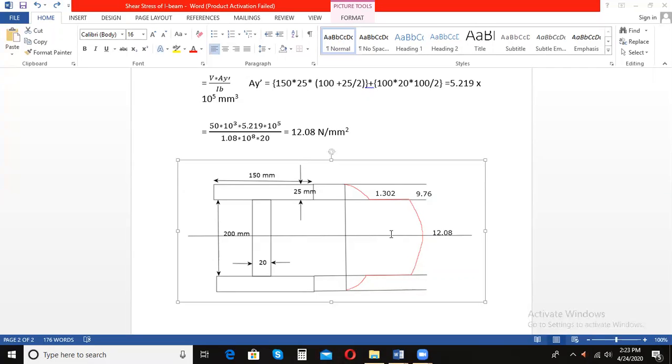If you calculate the shear stress somewhere here, the value is going to decrease, and for the flange the shear stress will further decrease to 1.302, and then for the bottom it will decrease to 0. So this is your shear stress distribution diagram.